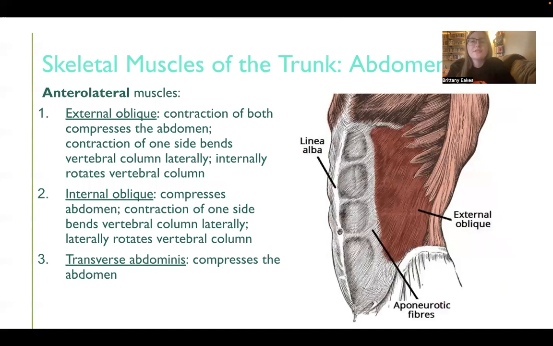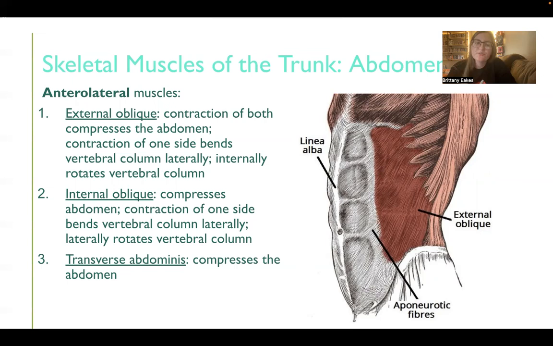So let's move to the abdomen. The anterolateral muscles. So antero referring to towards the front, lateral meaning towards the side. We have our external obliques, which will contract and compress the abdomen. Contraction of one side bends the vertebral column laterally, and it internally rotates the vertebral column.